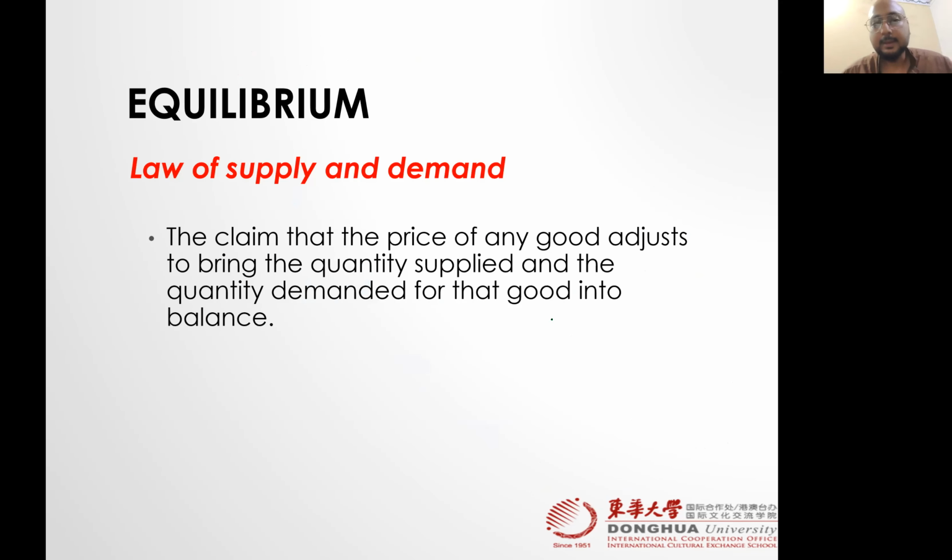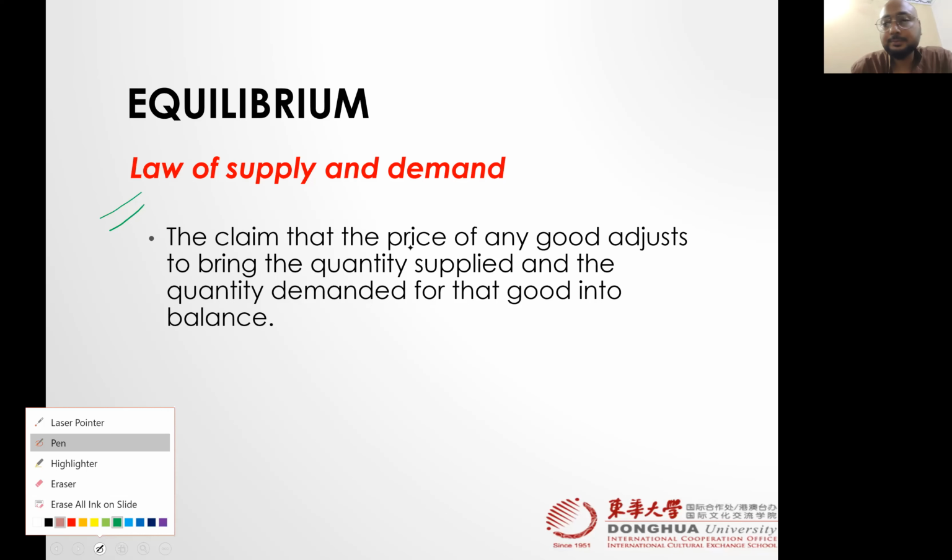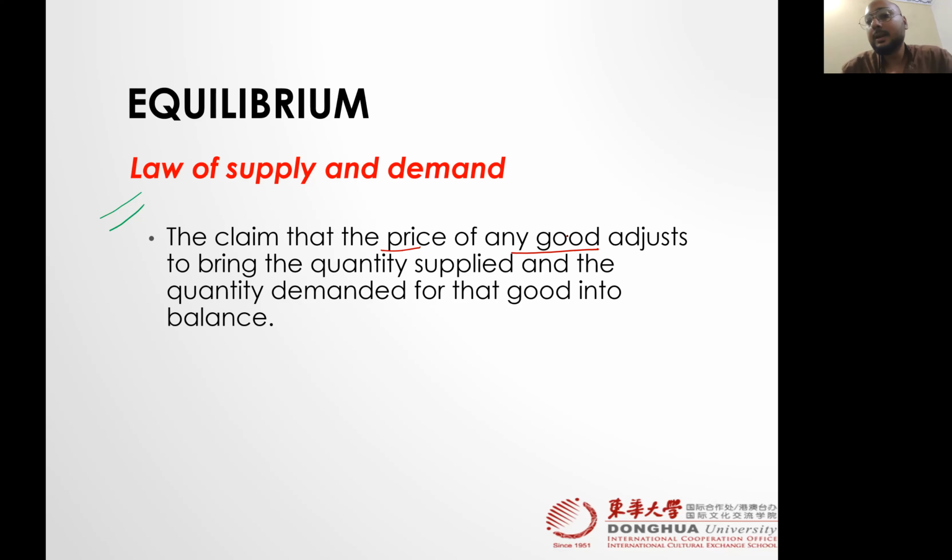No? Okay, let's talk about the law of supply and demand together. The law of supply and demand together basically claims that the price of any good adjusts to bring the quantity supplied and quantity demanded for that good into equilibrium or balance.